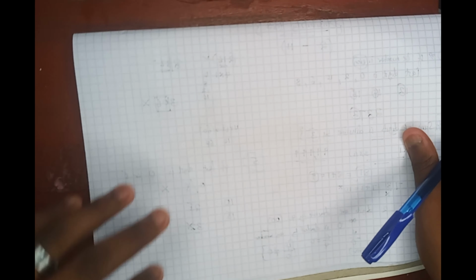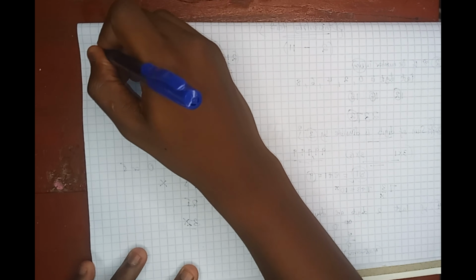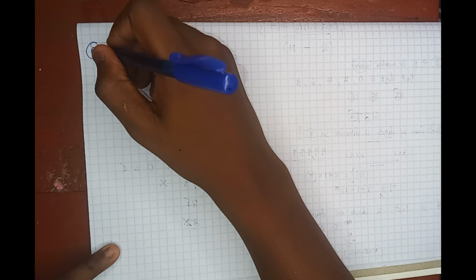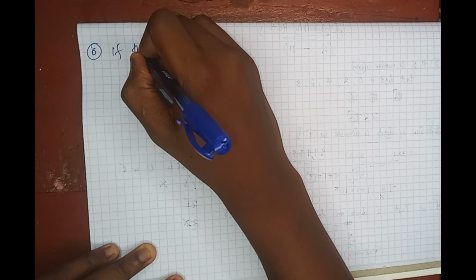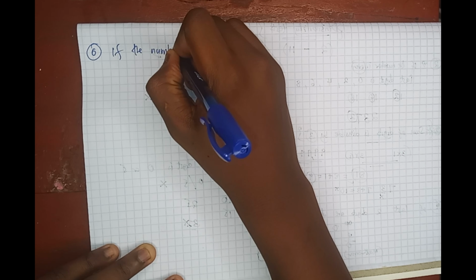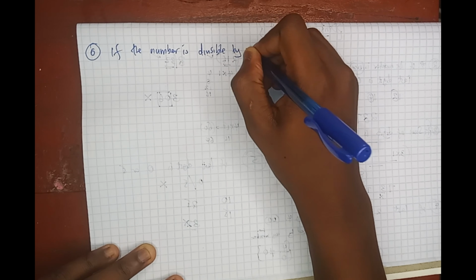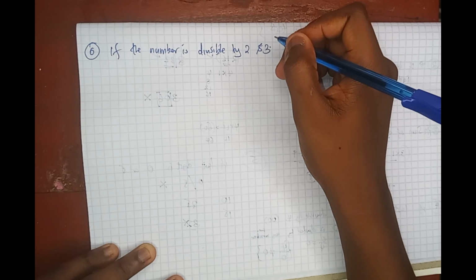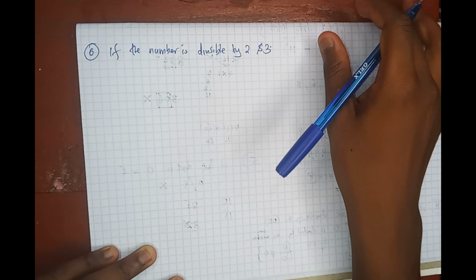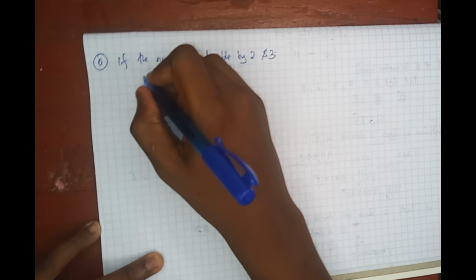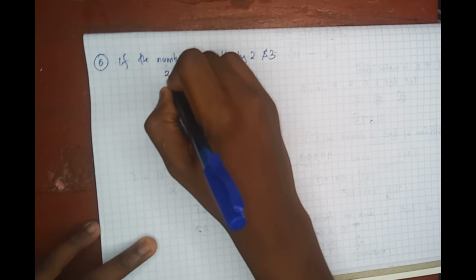So let's go to some complex ones. Number 6. A number is divisible by 6 if the number is divisible by 2 and 3. So you have to check if the number is divisible by 2 and 3.